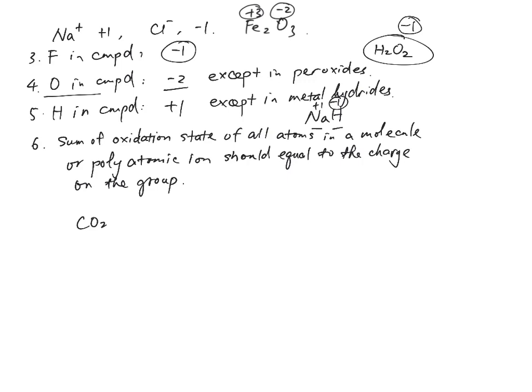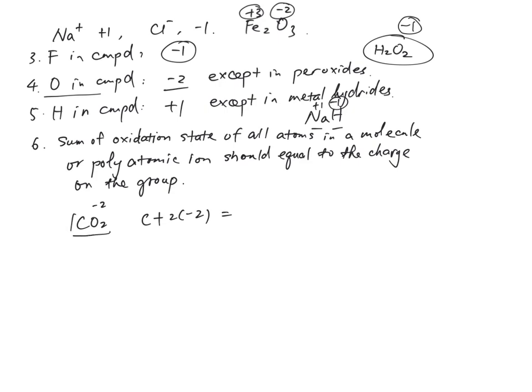Oxygen in a compound, and this is not a peroxide, so oxygen has -2. And the total, so 1 carbon plus 2 oxygen, which is 2 times -2. The total of oxidation numbers of all atoms in a molecule should equal the charge on the group.